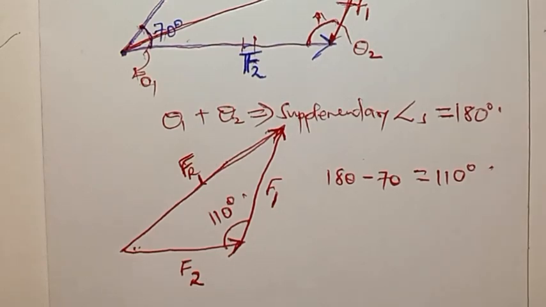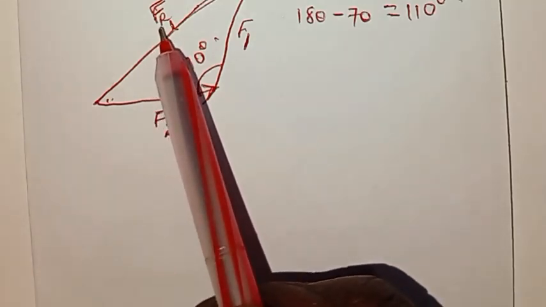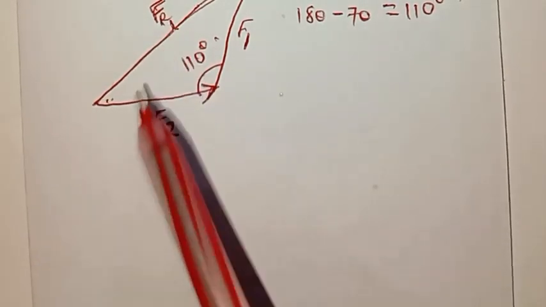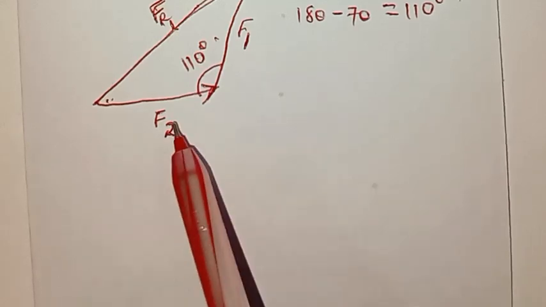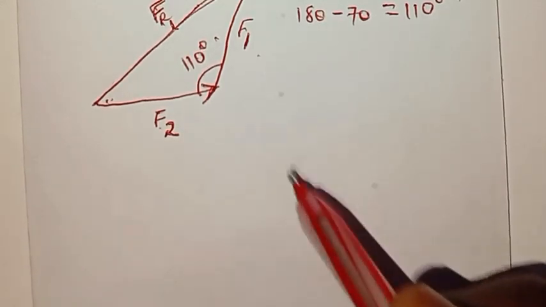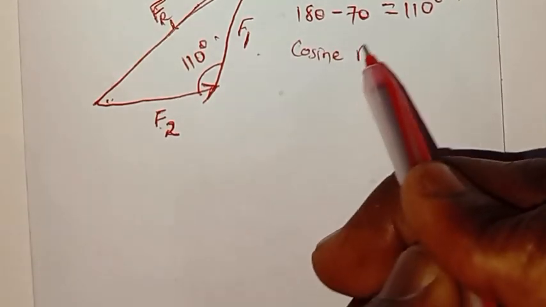After knowing that, we can calculate the magnitude of the resultant vector or resultant force Fr, having been given the magnitudes of F2 and F1, by using the cosine rule.